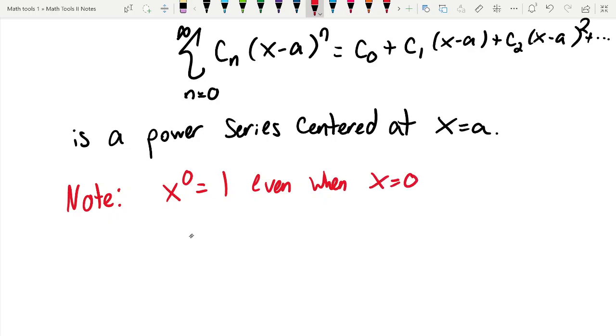Normally 0 to the 0 is indeterminate, but there are specific cases where we might define it to be something different. Like here we define it to be 1, and we don't really have any trouble doing that. The only reason you wouldn't want to do this, why we don't give other definitions to these undefined forms, is because they lead to contradictions.